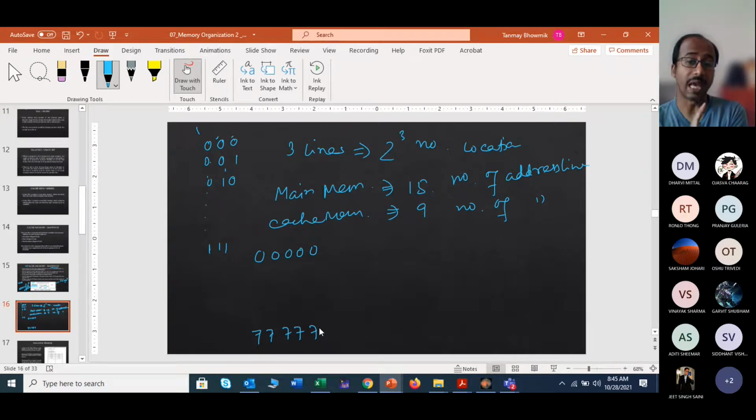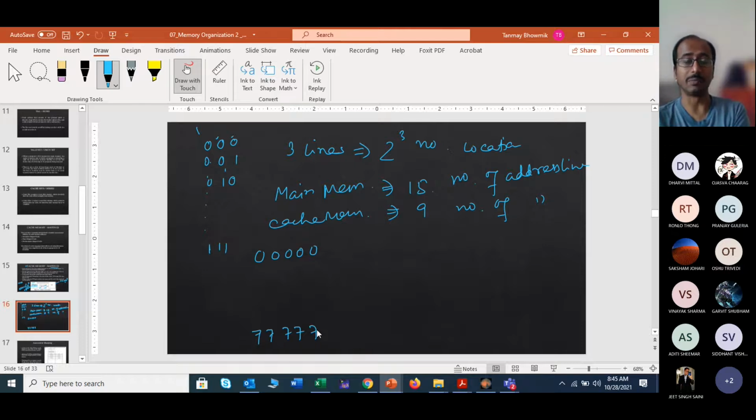Because we have considered these numbers are in octal form, we don't need to write 15 bits here, rather we write only 5 digits, because in octal this 7 means 111, this 7 means 111, this 7 means 111.